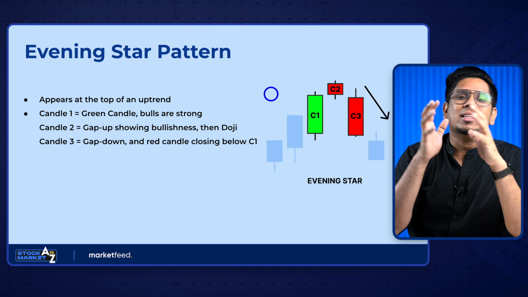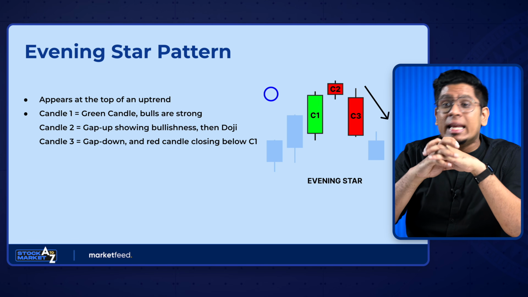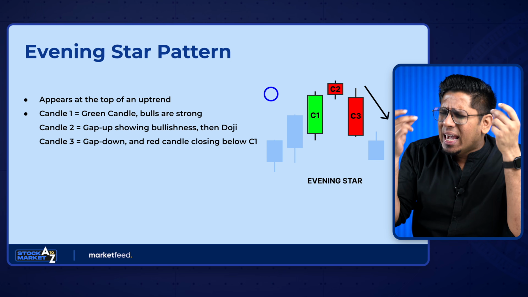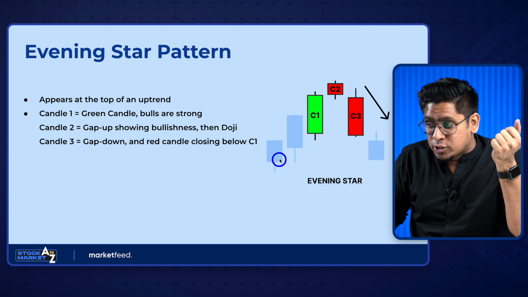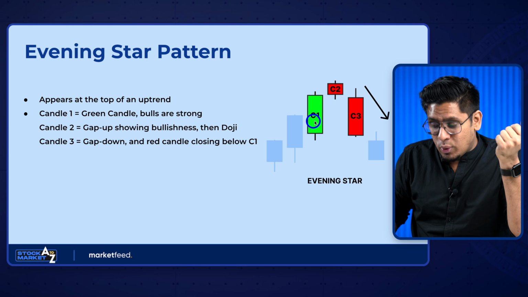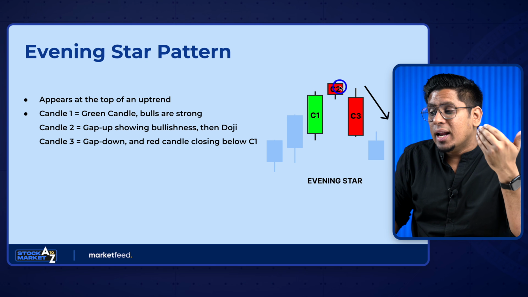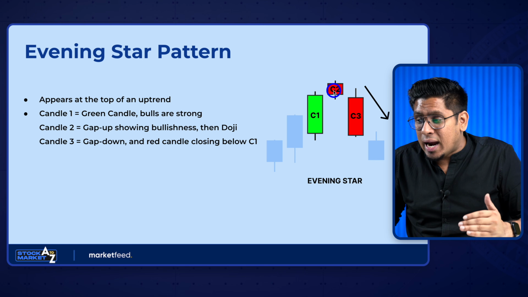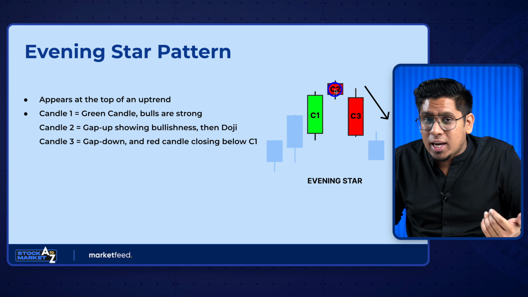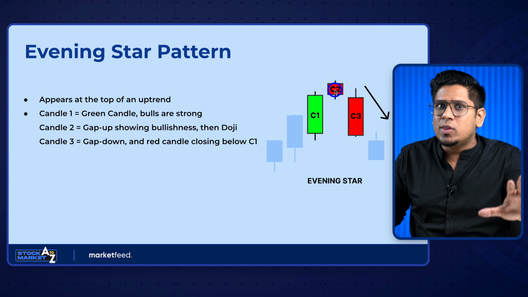Cool. Now let us learn the last pattern we are going to learn today, which is an evening star pattern. Exactly the opposite of a morning star pattern, right? See, the instrument is originally in an uptrend, with C1 as the last candle of the uptrend. Then you see a small candle forming here, which is a rejection candle, which says that buyers are not interested in buying anymore and sellers are also not really enthusiastic to sell.